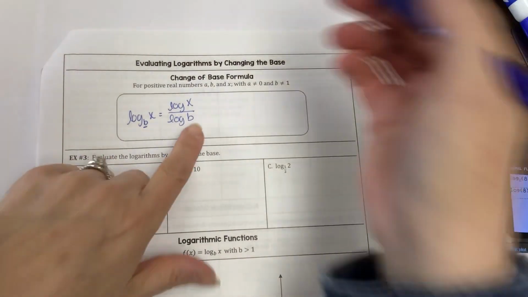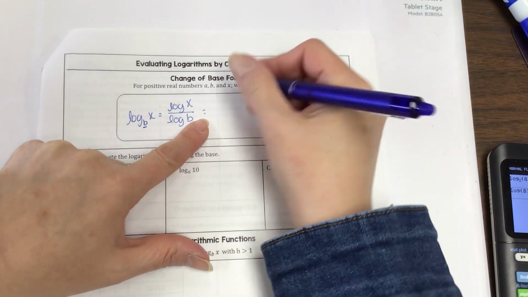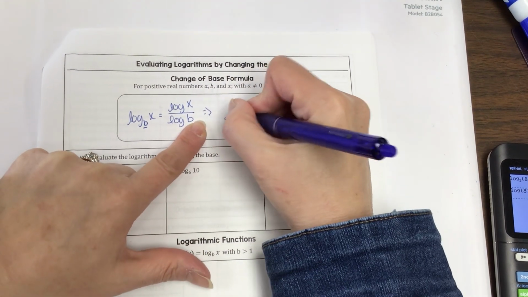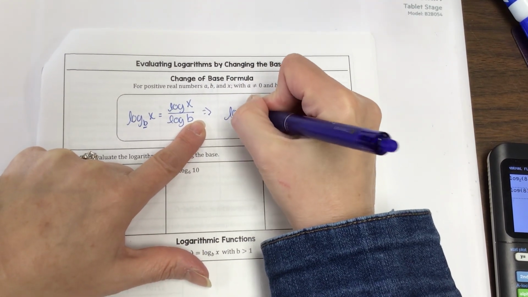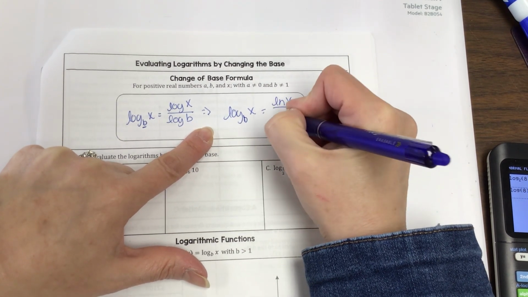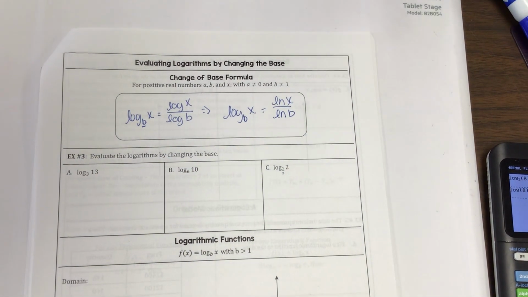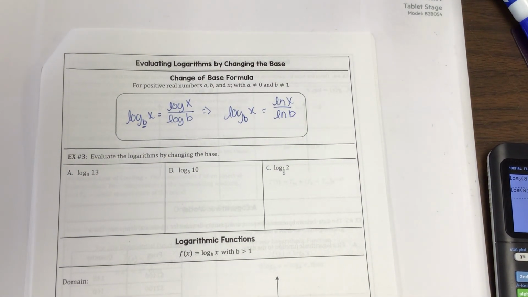Okay? You can also use it with natural log. So if you have log base b of x, you could use natural log of x over natural log of b. Same thing. It's just a different button. Most of those scientific calculators have both available.